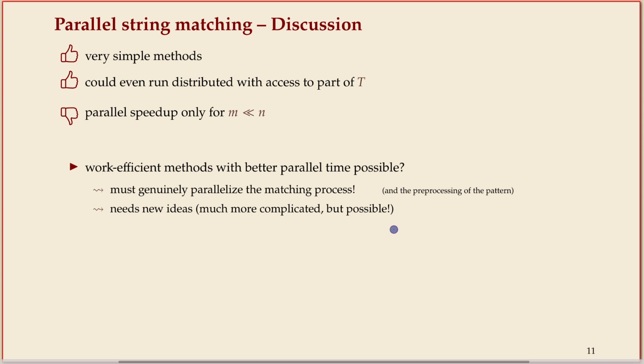And also the matching part, when you try to find your occurrences in a block, has to be sped up and parallelized. It turns out this is a theoretical possibility on the PRAM, but the algorithms are, as far as I know, not practically relevant, and a bit beyond the scope of the module.